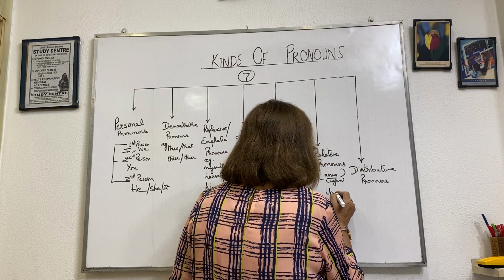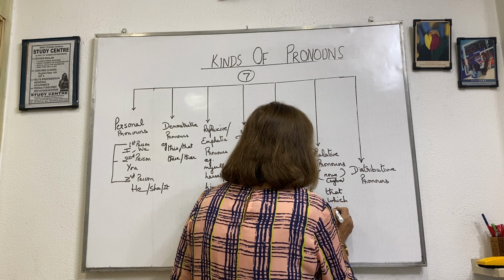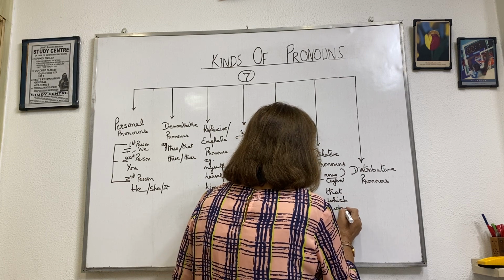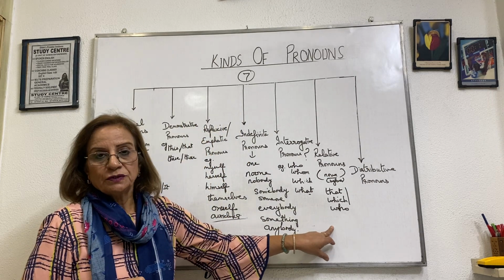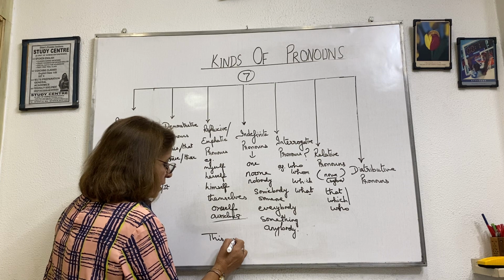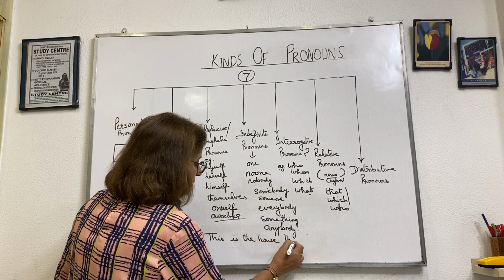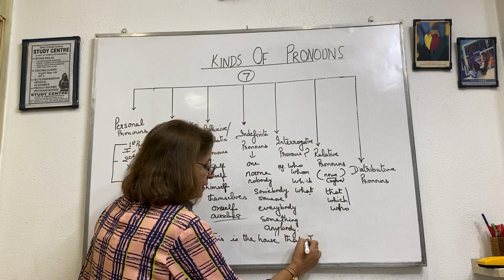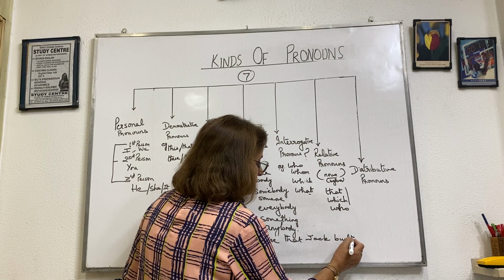That, which, and even who. For things we use that and which, and for people who. Okay. For example, I say, this is the house that Jack built. So what is it showing?